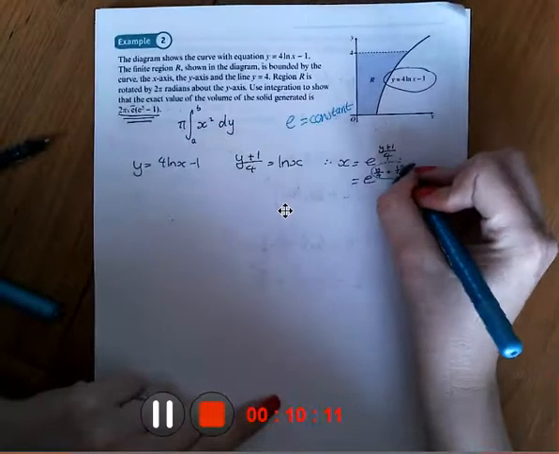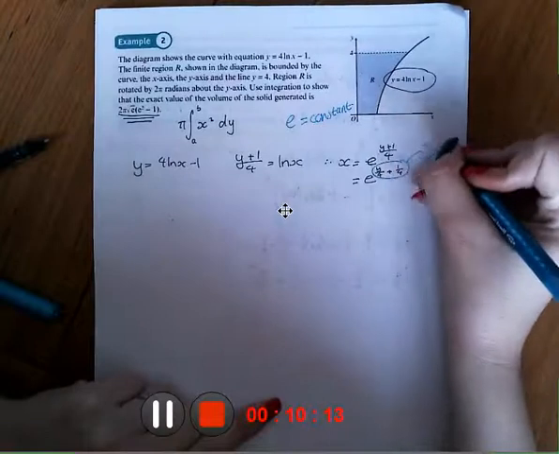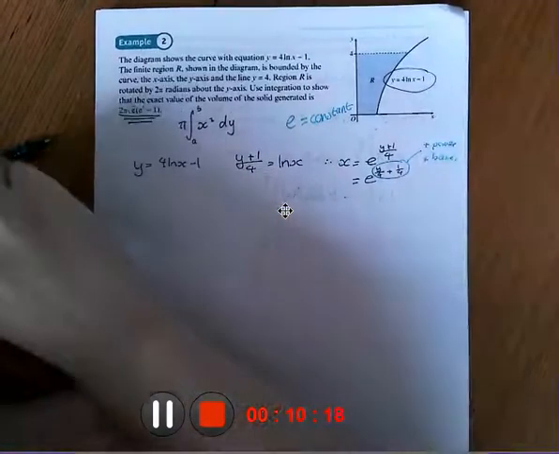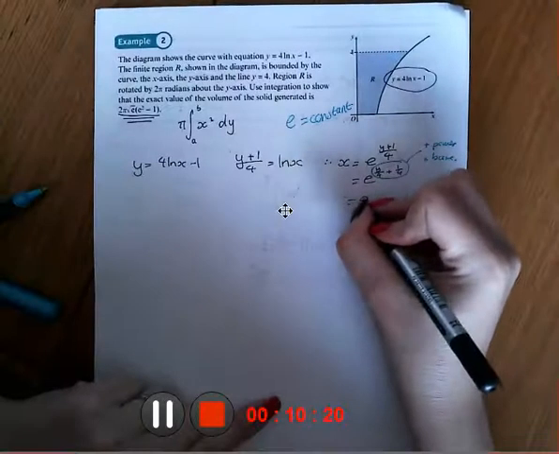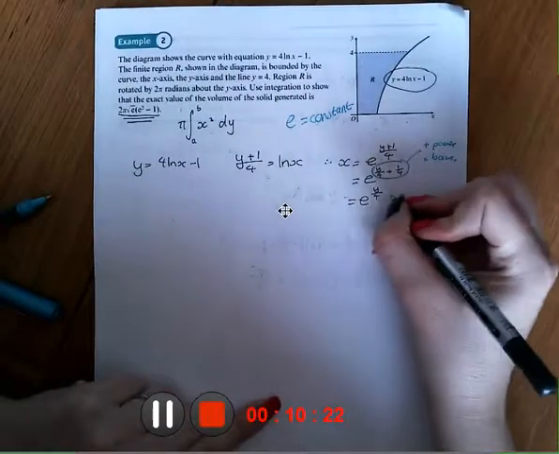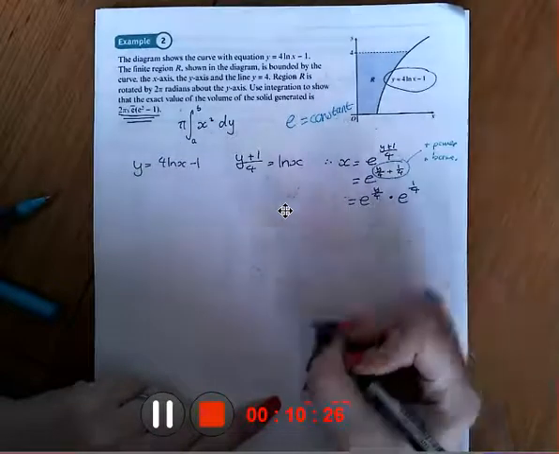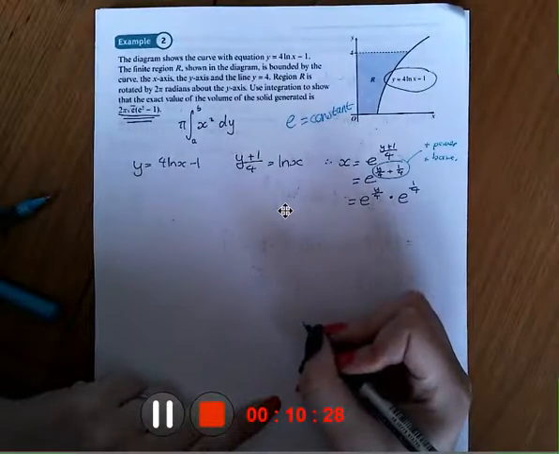We know from indices rules that we add the power and we multiply the base. So I know that this can be split into e to the power of y over 4 multiplied by e to the power of a quarter.